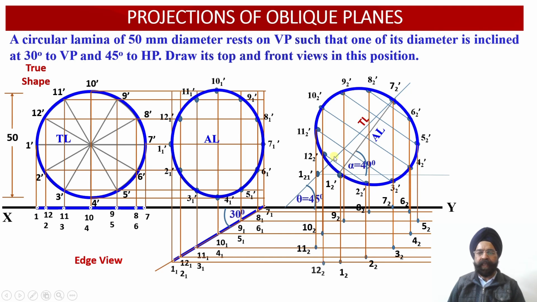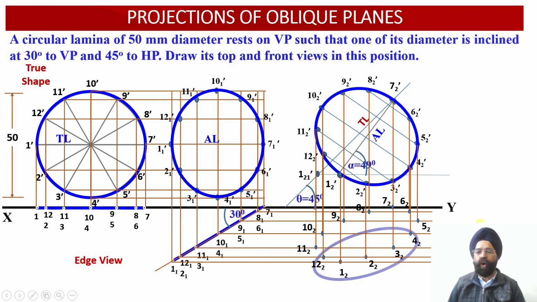And finally, this is point number 12, this one, right? From point 12 2 dash, we will be drawing a vertical projector downwards, and from point 12 1, a horizontal projector has been drawn. Wherever these two projectors intersect, we have obtained the point of intersection as 12 2 over here.